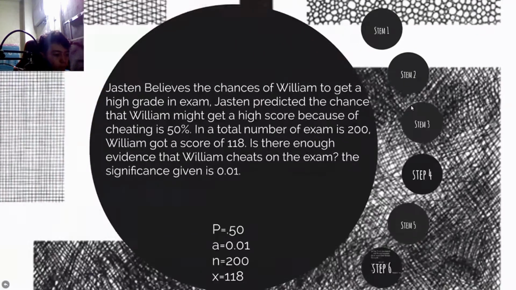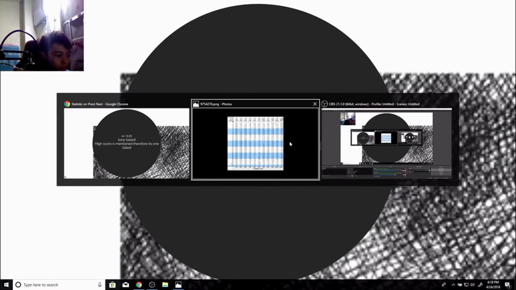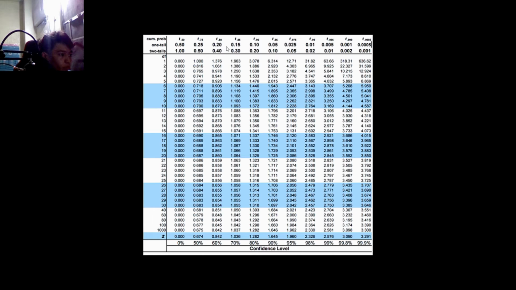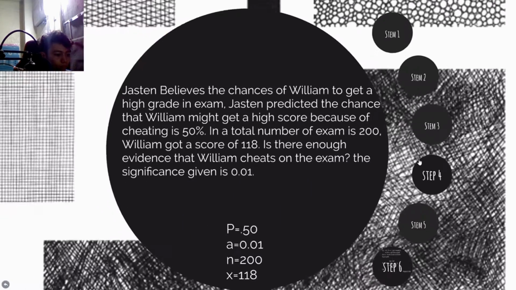Let's go back to step 2 and use the t-table. So our alpha is 0.01 and one-tailed. 0.01 here and one-tailed. So our critical value is 2.326, which is this one.